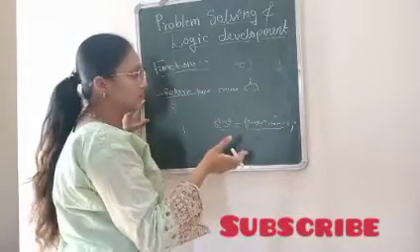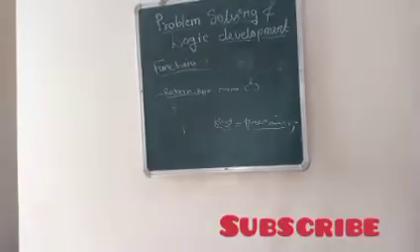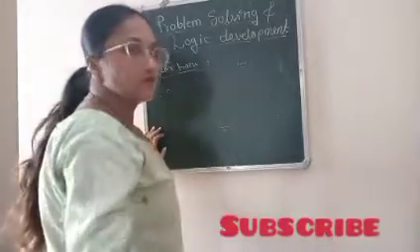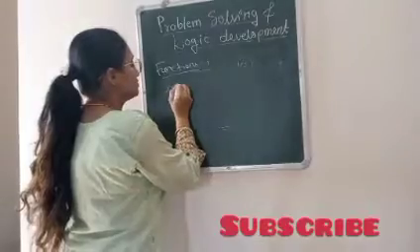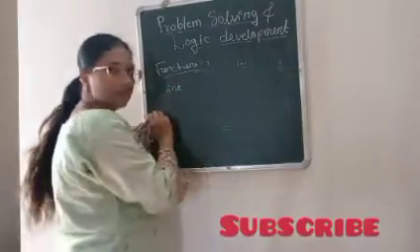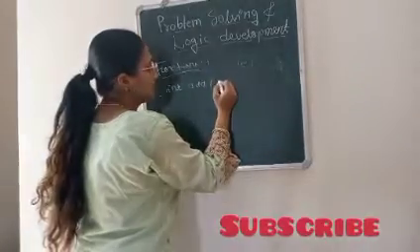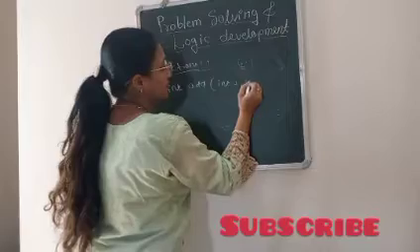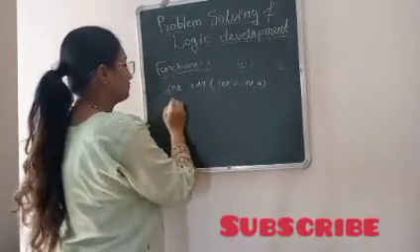I'll tell you one example of a function. Now suppose I am writing a function which returns a value of type integer, and it is taking two arguments a and b of type integer.